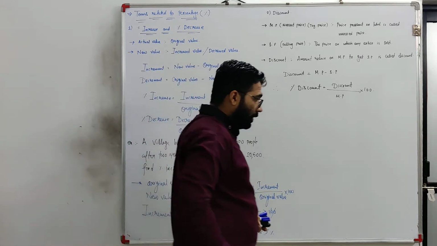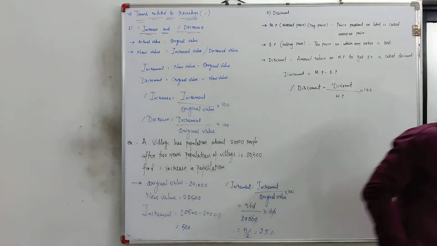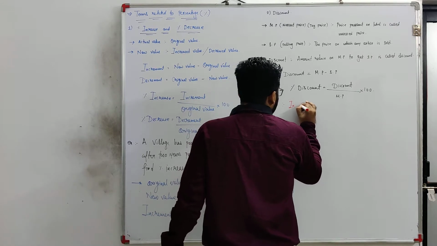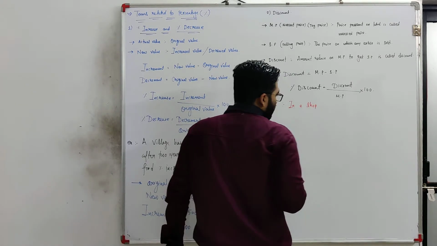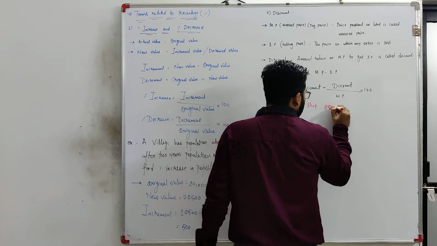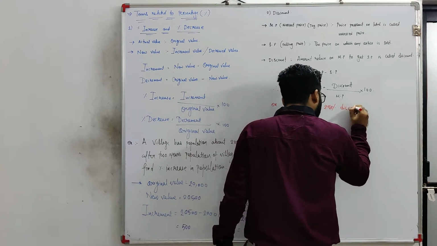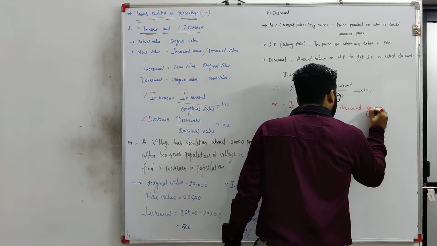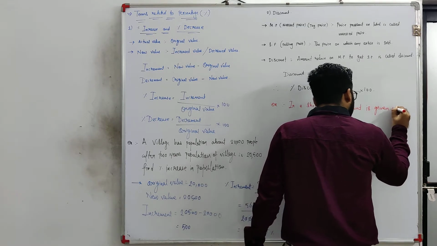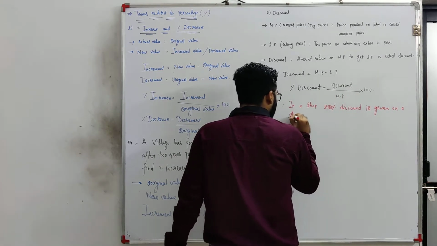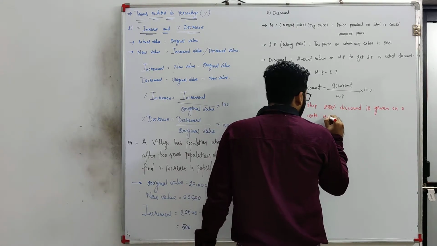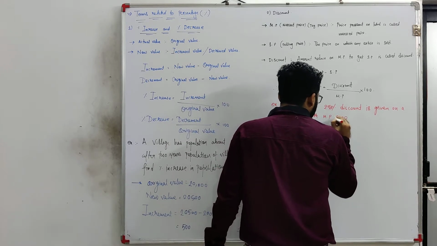In a shop, a 25% discount is given on a shirt with mark price 2000 rupees.